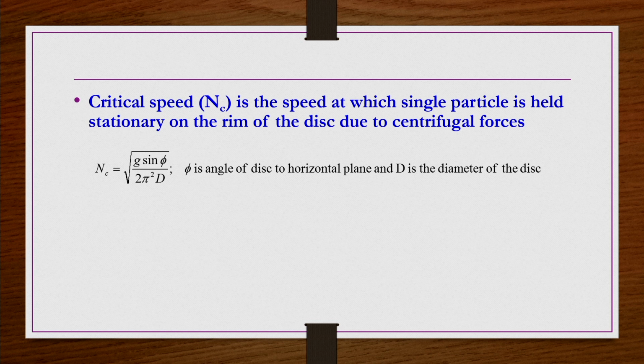And that equation we can see here: Nc is equal to the square root of g sin phi divided by 2 pi square d, where phi is the angle of the disc to the horizontal plane, because we know these disc granulators are in general not flat, so they make some angle when they are mounted on a horizontal surface.